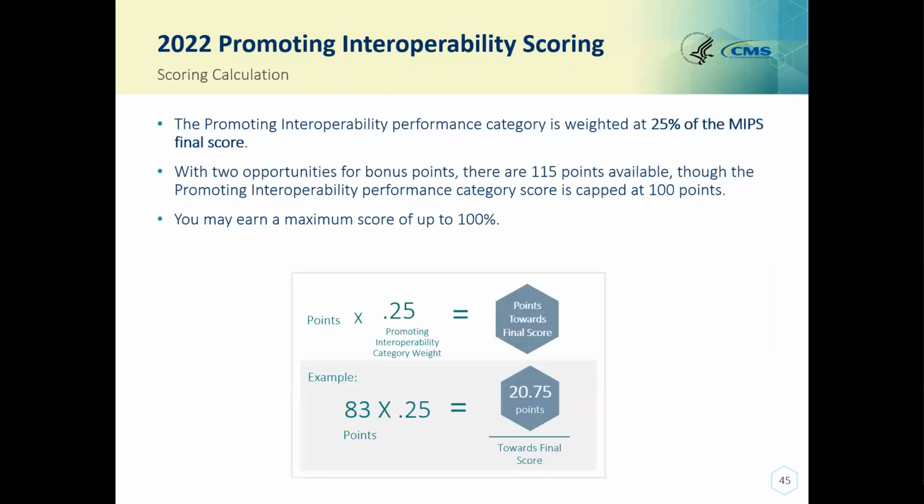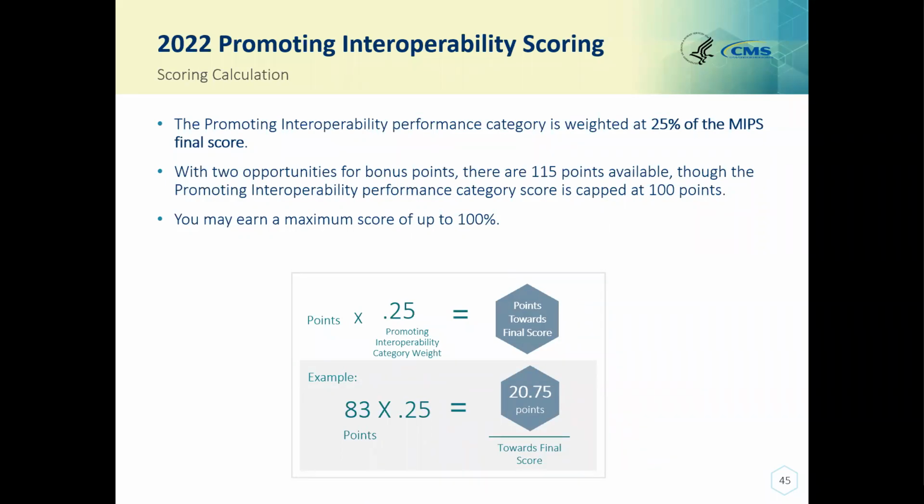Okay, so as I mentioned, the promoting interoperability performance category is 25% of your MIPS total score. Since there are bonus points, the amount that you could earn, if you were perfect on everything, would be 115 points, but we cap it at 100 points.